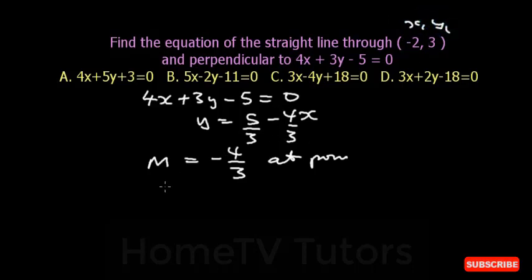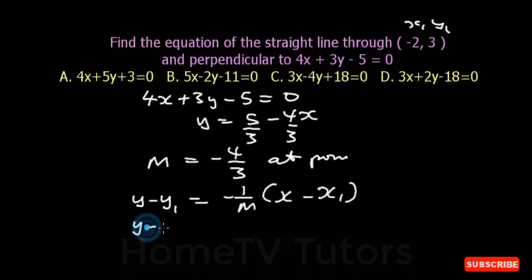Okay, so now the equation of the straight line is y minus y1 equals minus 1 over m, bracket x minus x1.